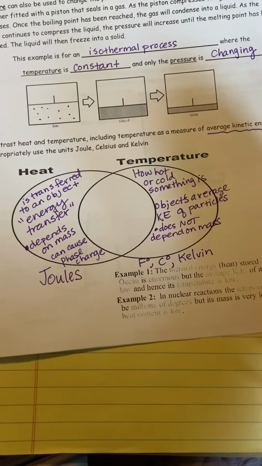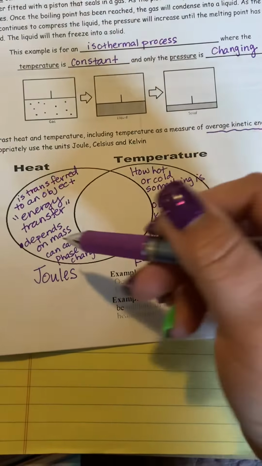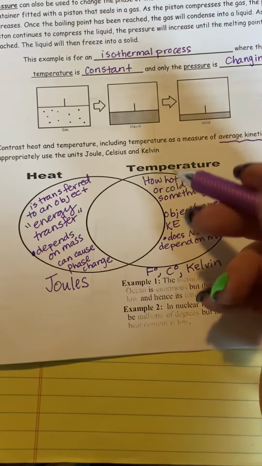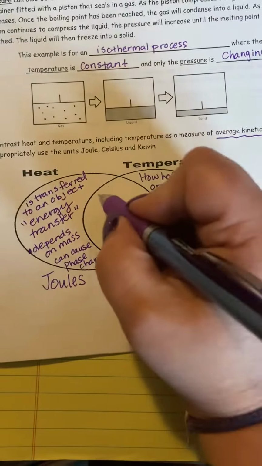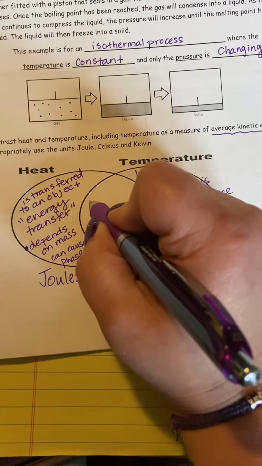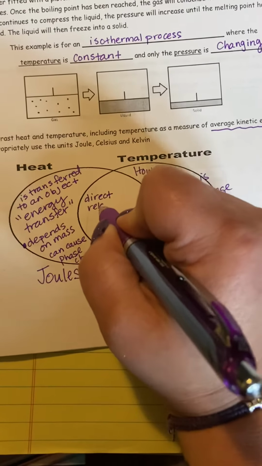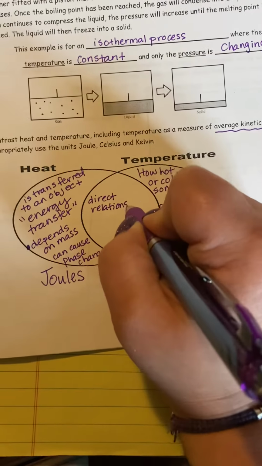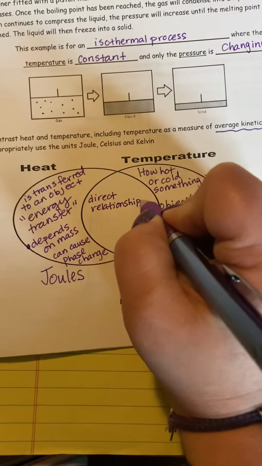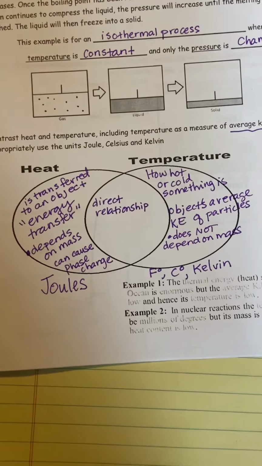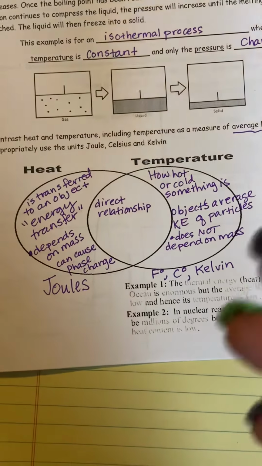Okay, now let's talk about how these two things are similar. What do they have in common? They have a direct relationship with their objects. And when I say direct relationship, I mean not opposites, not inverse.